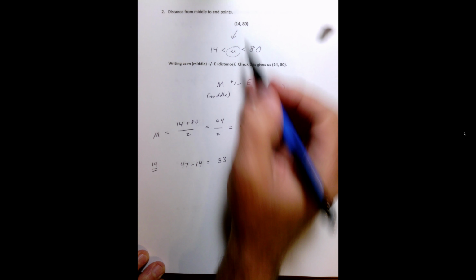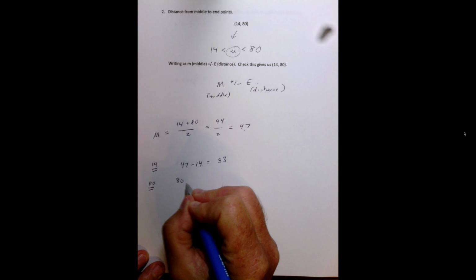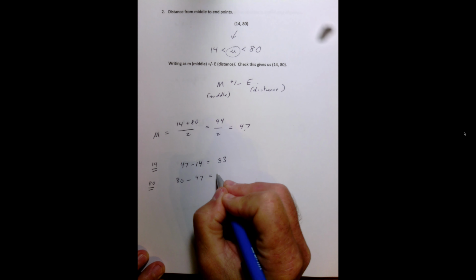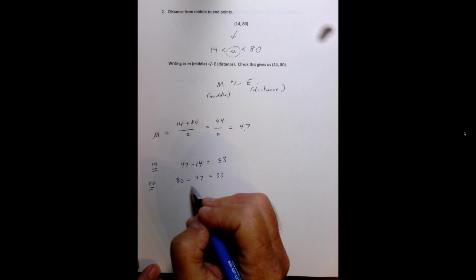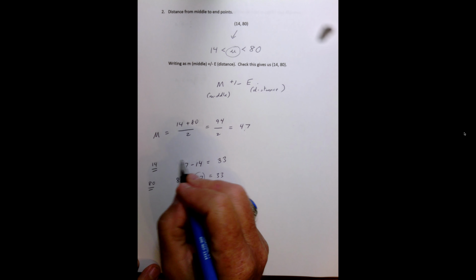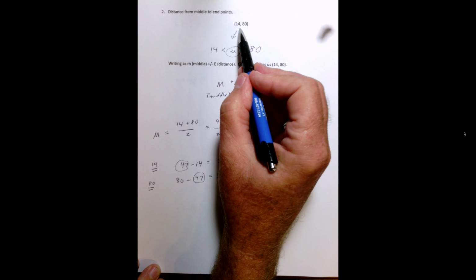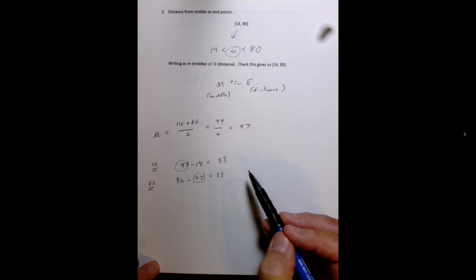And for the other end of the interval, if I take the 80 and go back to the center, you'll see I get 33. It would be pretty goofy math if we were finding the center, which is 47, and the distance from the center to the endpoint, either one of them, was different, because then it wouldn't be the center.